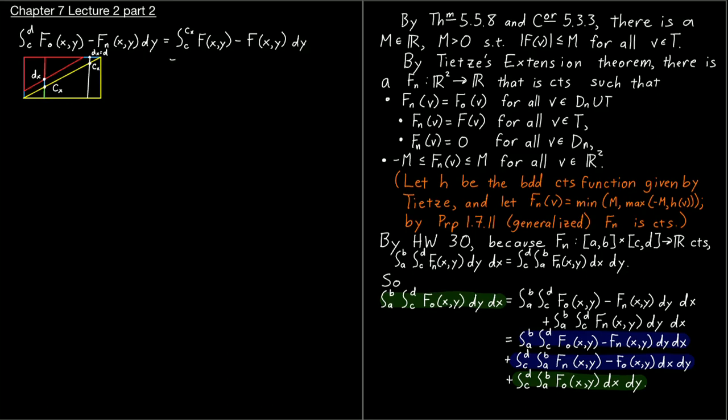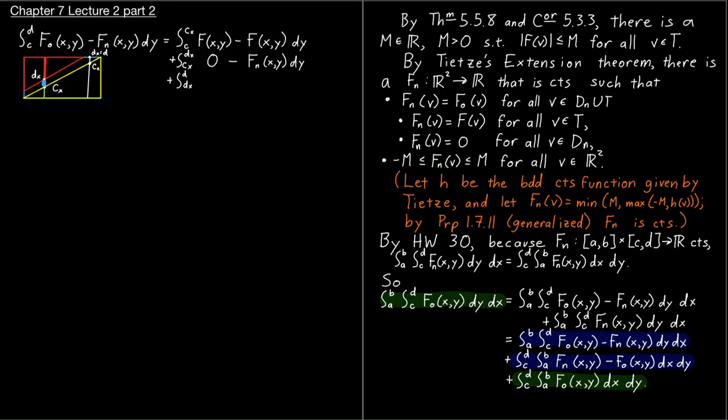Then going from c sub x up to d sub x, integrating along this little bit, f naught is already 0, and fn of x, y we have to leave as fn of x, y here. And then between d sub x and d, that would be up here in the D triangle.